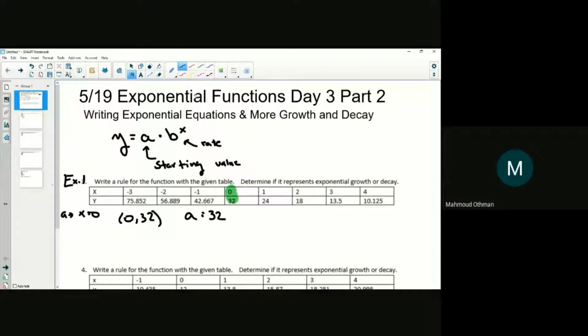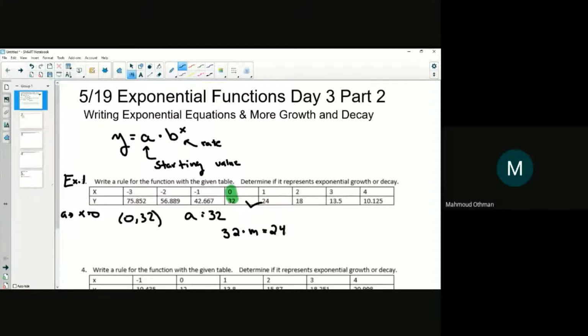Now for us to find our rate or our B value. So now I have to figure out how do I get from 32 to 24. So remember, exponential functions, things are being multiplied. So I'm going to start off with this equation, 32 times m equals 24.